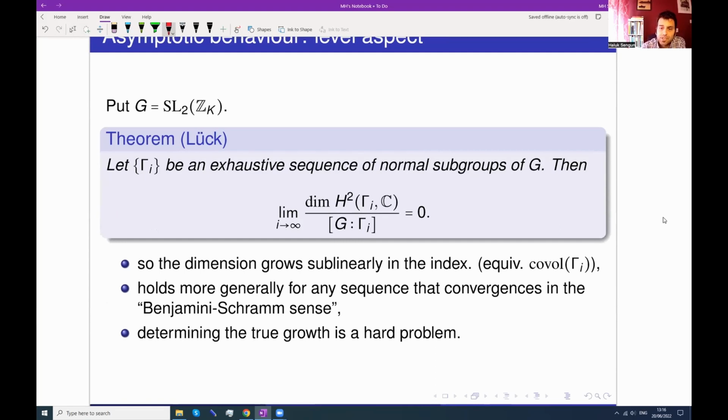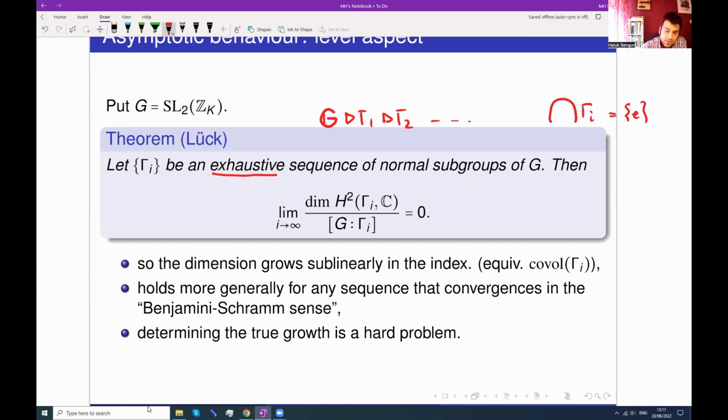I guess you start from your Bianchi group G, and then take normal subgroups Gamma 1, and just go down like that. And this is a sequence, and the exhaustiveness here means that if you look at the intersection of all, you get a trivial intersection. That's usually known as being an exhaustive sequence.